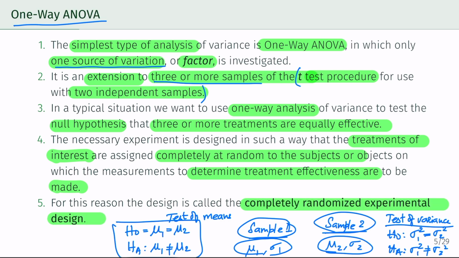Let me put it in much more explanation here. Let's say I have 4 treatments, so let's say we have 4 drugs, and we are trying to check whether these are going to work or not. Let's say I have 16 samples.